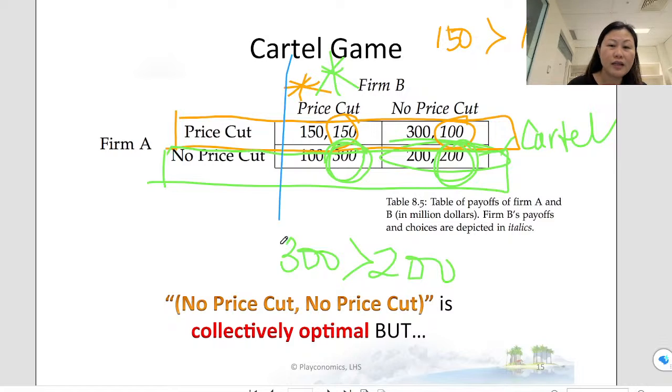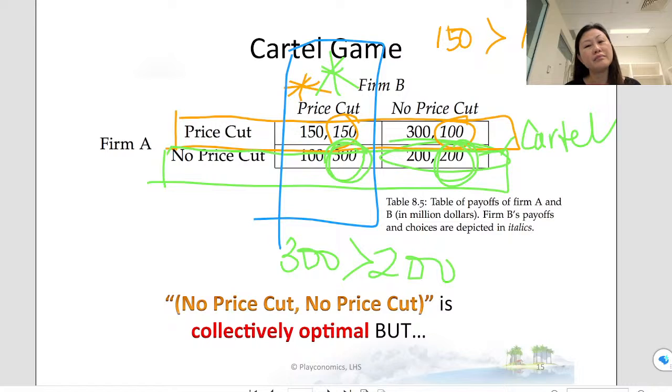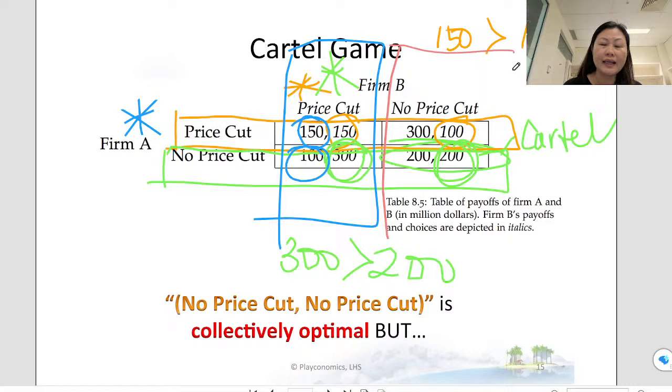If we then look at firm B cutting prices, firm A cutting prices will give them 150 million. Firm B not cutting prices will give them 100, and therefore price cut is a strategy. If firm B do not price cut and firm A price cuts, they get 300 million.